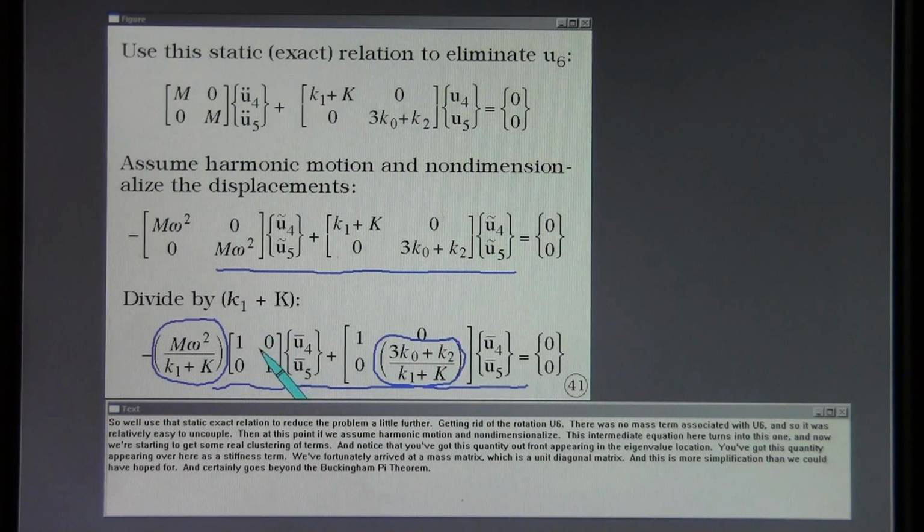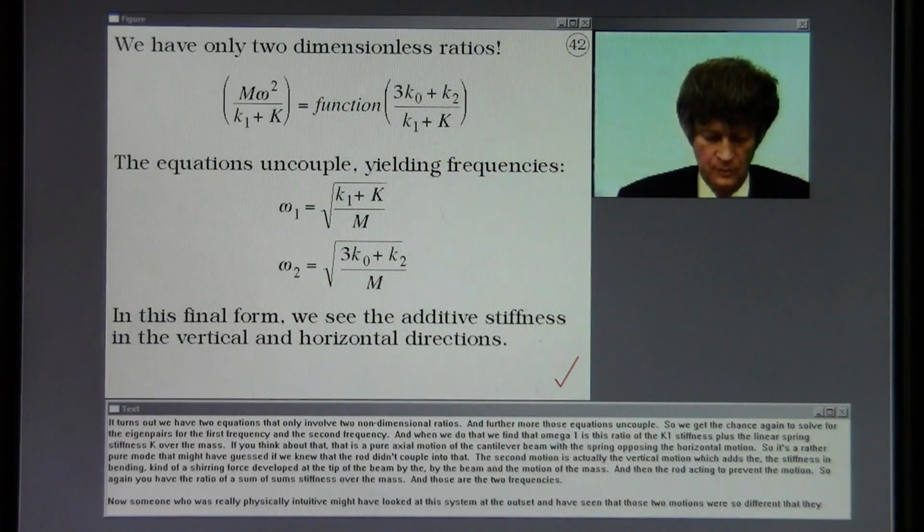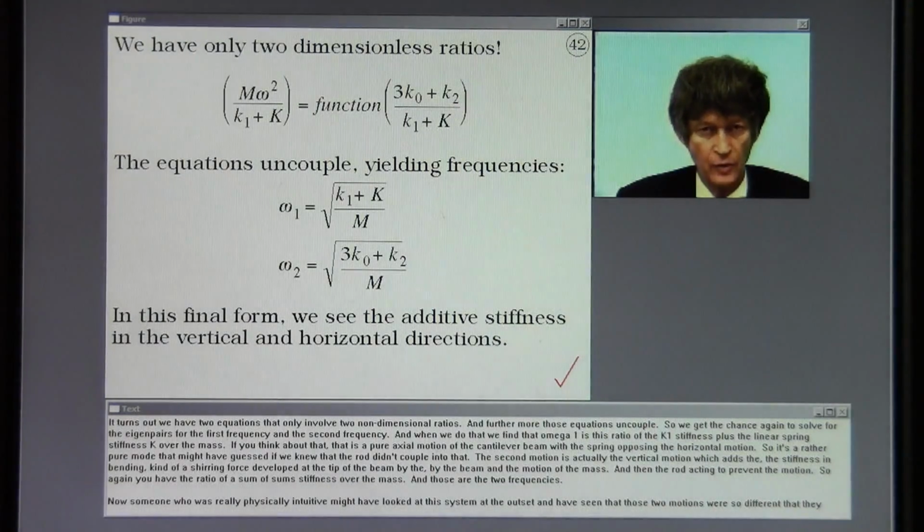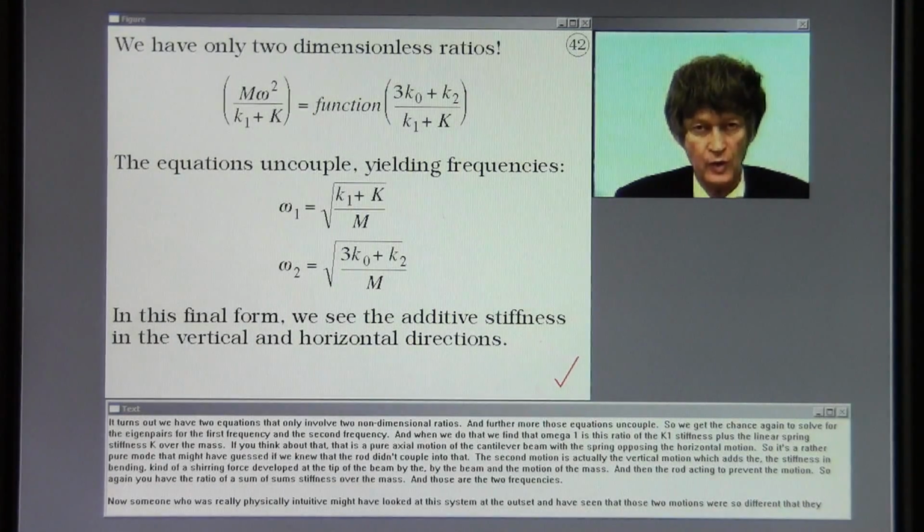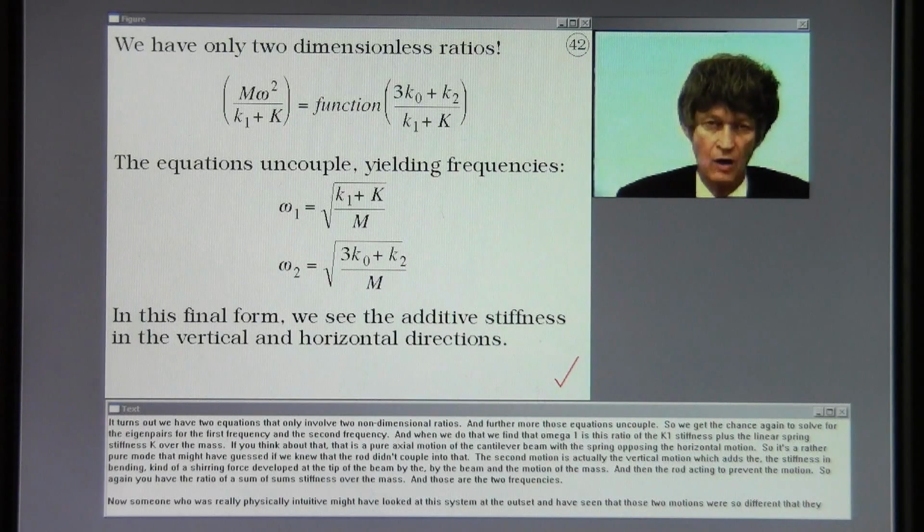We've fortunately arrived at a mass matrix which is a unit diagonal matrix, and this is more simplification than we could have hoped for, and certainly goes beyond the Buckingham Pi theorem. It turns out we have two equations that only involve two non-dimensional ratios. And furthermore, those equations uncouple. So we get the chance again to solve for the eigenpairs for the first frequency and the second frequency.